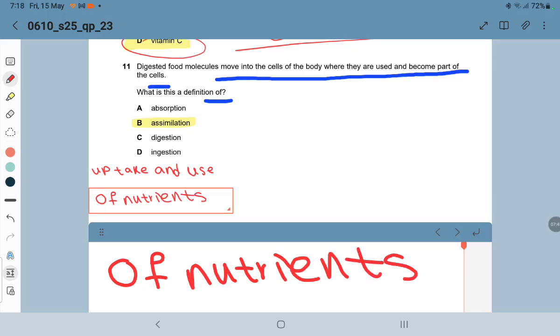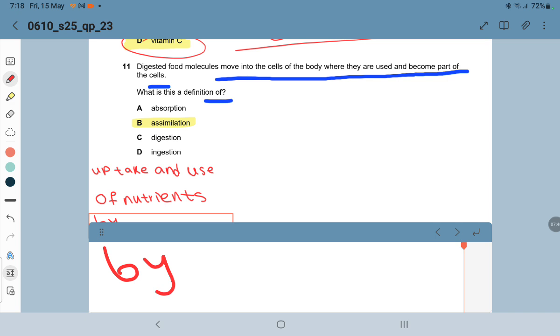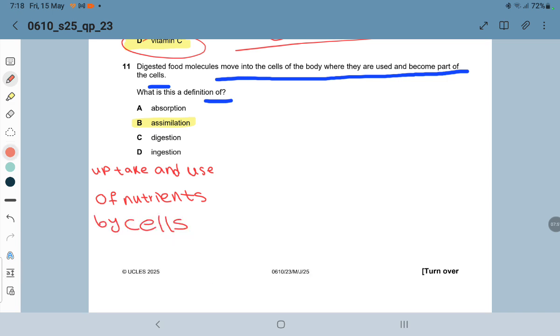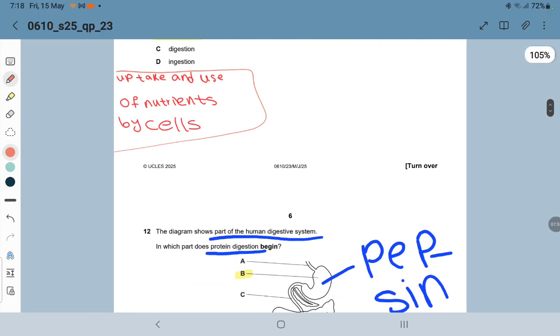Just keep this in mind, because this is really a repeated idea, and I see that Cambridge really focuses on that part.